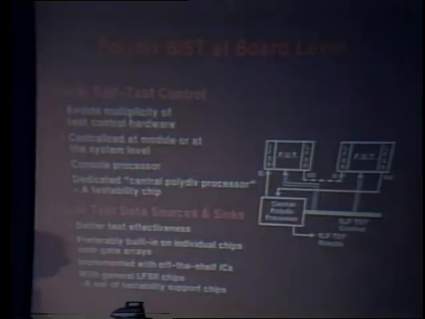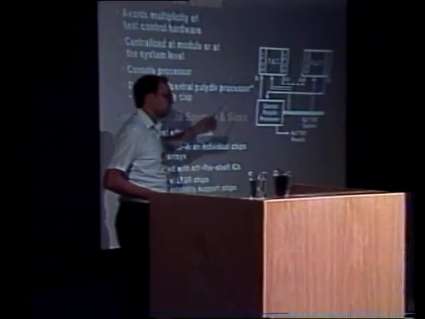And that central self-test control processor could be the console processor of the system, or it could be some dedicated central self-test processor, a dedicated testability support chip, and APSP, which we discussed a few minutes ago, was one idea along that line. Now, local test data sourcing and sinking are important for the sake of good test effectiveness.